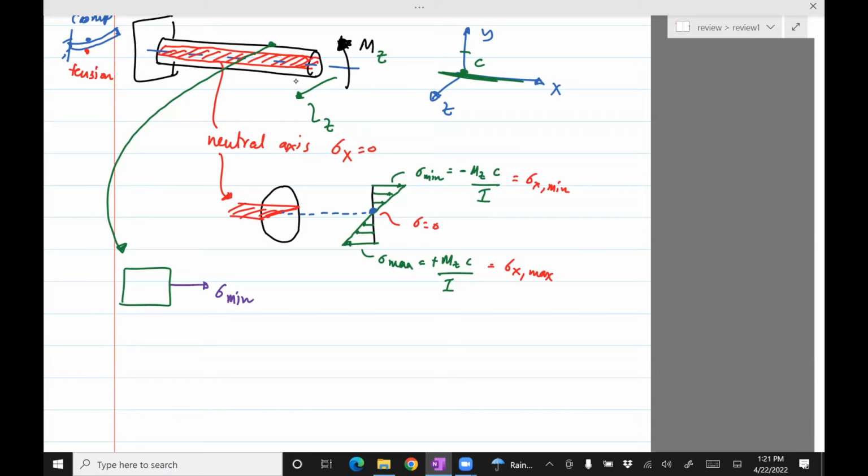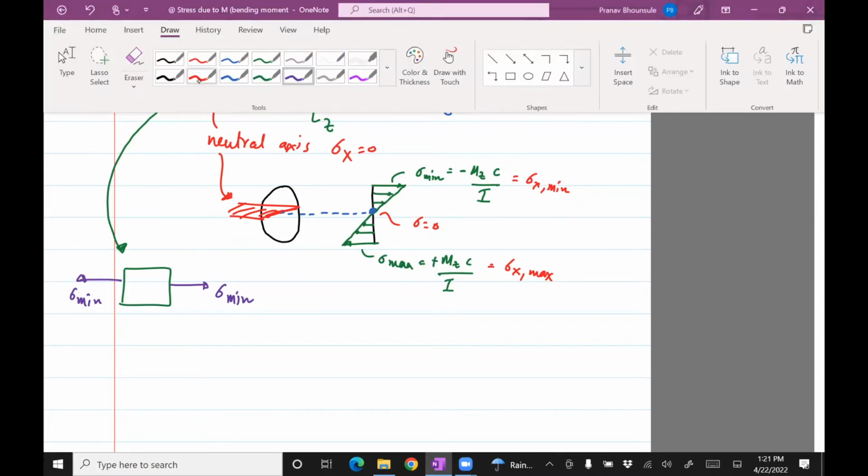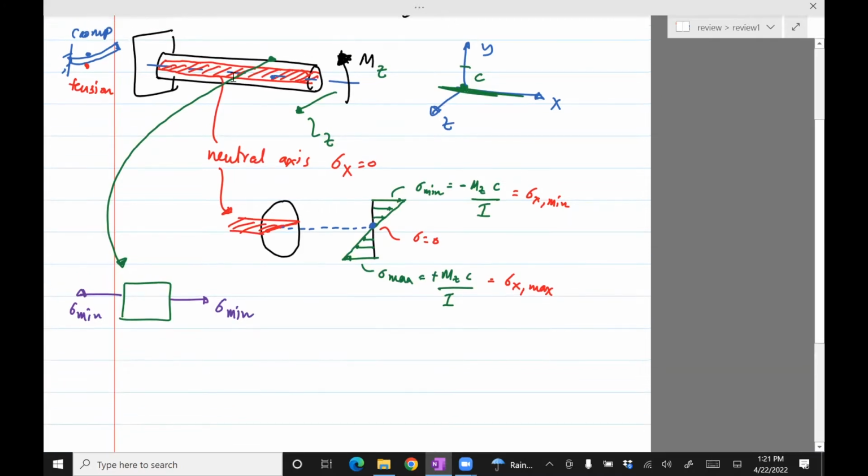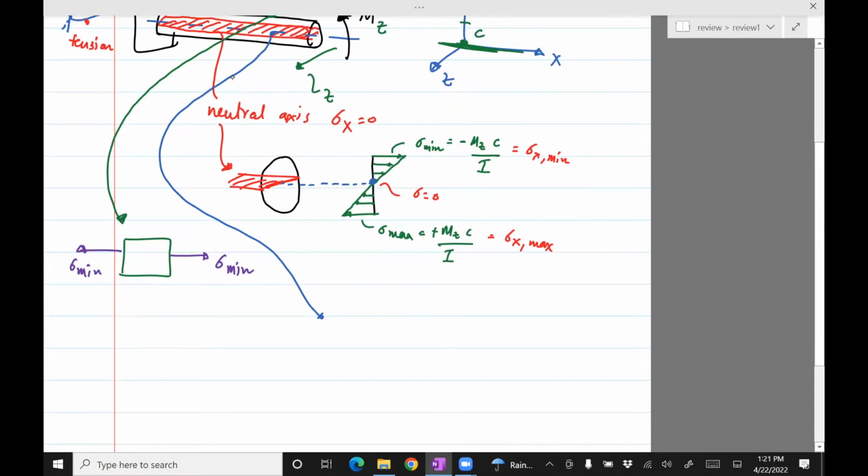It's on the top part, so it's min stress, sigma min, and that would be all the stresses on that. There's no shear stress because Mz cannot introduce shear stress. If you take an element on the neutral axis and draw the stress element, all the stresses are 0. Sigma is 0, sigma x is 0, these taus are zeros.